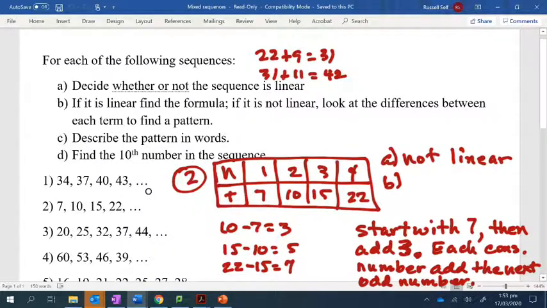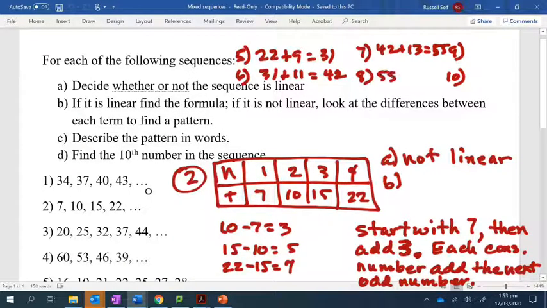Could you teach us how to find the rule instead of writing the rule? This is the curriculum. Hold on. So 42 plus 13 is 55. 55 plus 15 is 70. 70 plus 17 is 87.